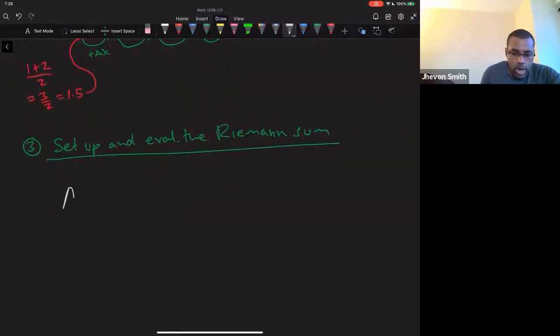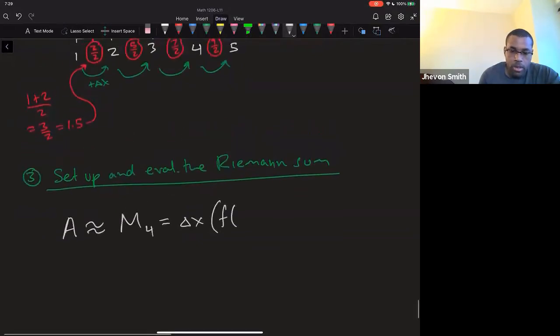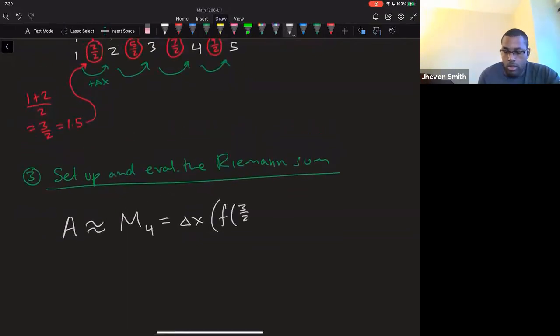So in this case, your area is going to be approximately equal to the midpoint with 4. That's going to be your delta x times f of 3 over 2, 5 over 2. I'm already starting to square it in my head. 7 over 2, 9 over 2.